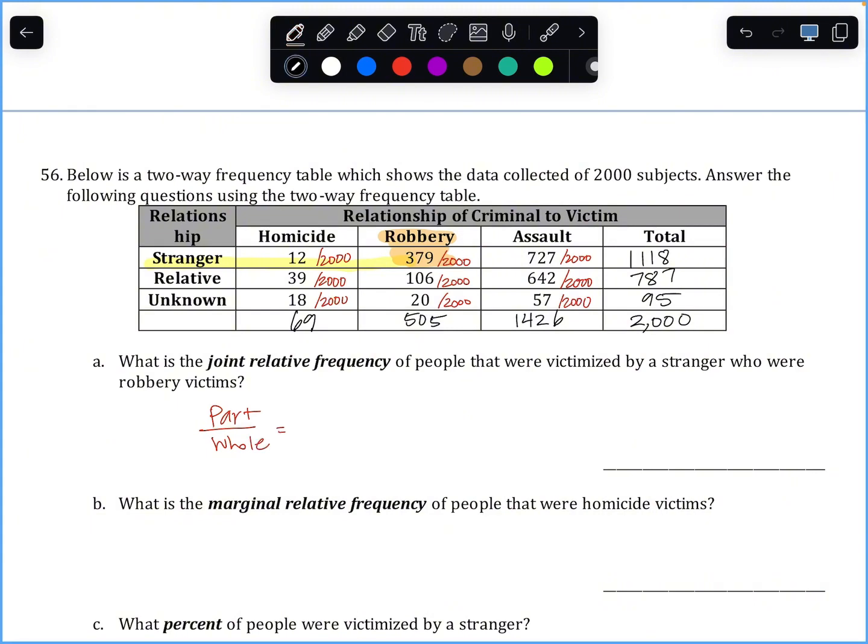The part is 379 over 2,000. If you were to put that into a decimal, what would you get? And then the percent would be that. Right there.